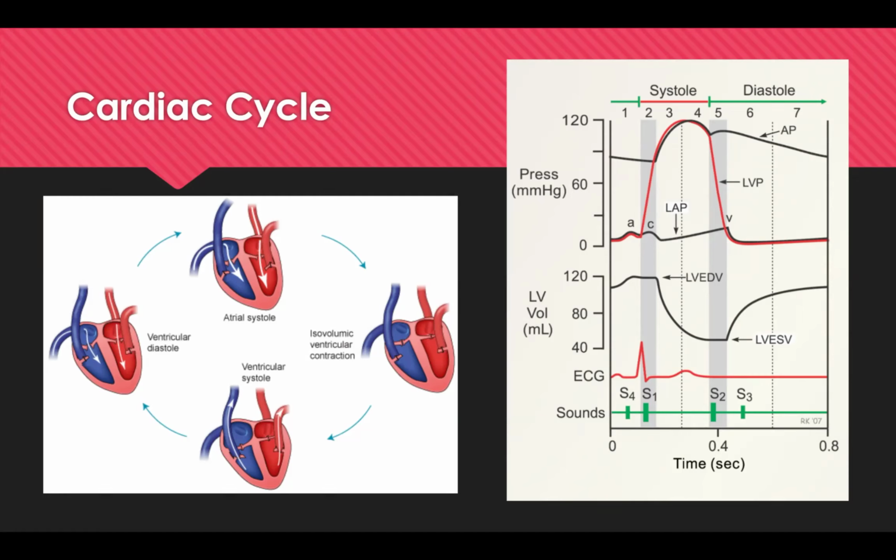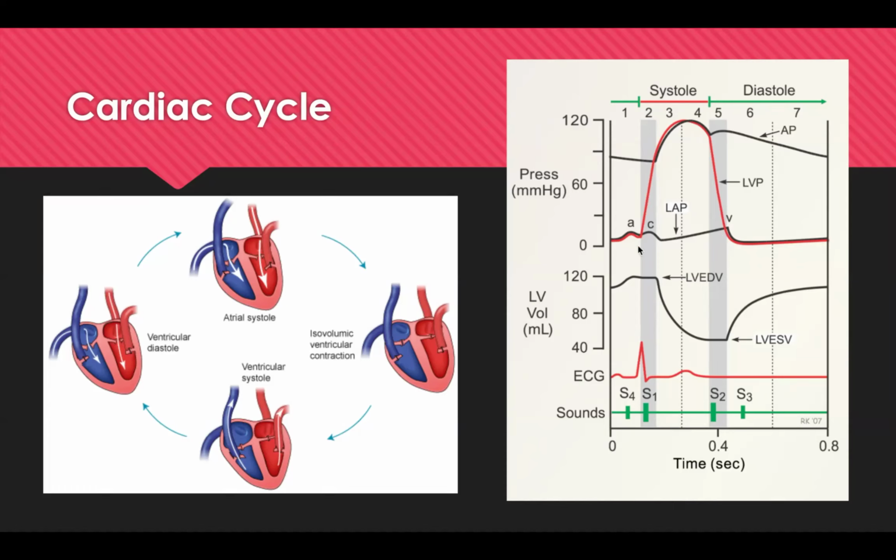This can be shown nicely in the diagram to the right of your screen, which shows the differences in pressures in the aorta at the top, which is the top black line here, the left ventricle, which is this line here, and the left atria, and the pressure changes across the cycle.